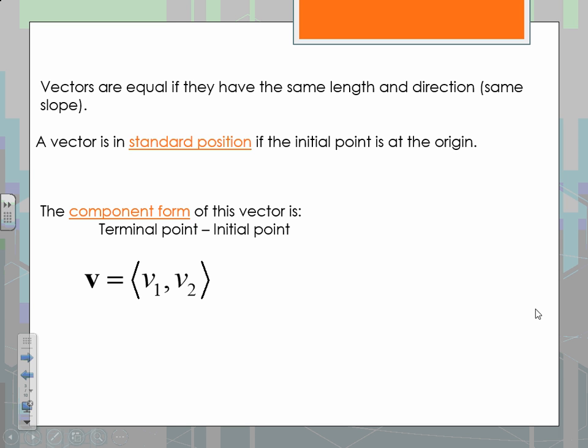It kind of looks like an ordered pair, but with the chevrons instead of round parentheses. And remember, to actually find the vector, we would have to take terminal point minus initial point. So V1 is your horizontal component, V2 is your vertical component. We still think of it like X comma Y, but now it's horizontal comma vertical.